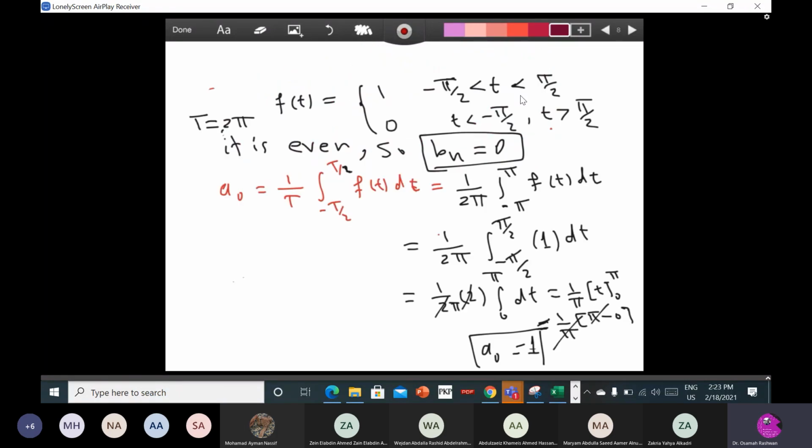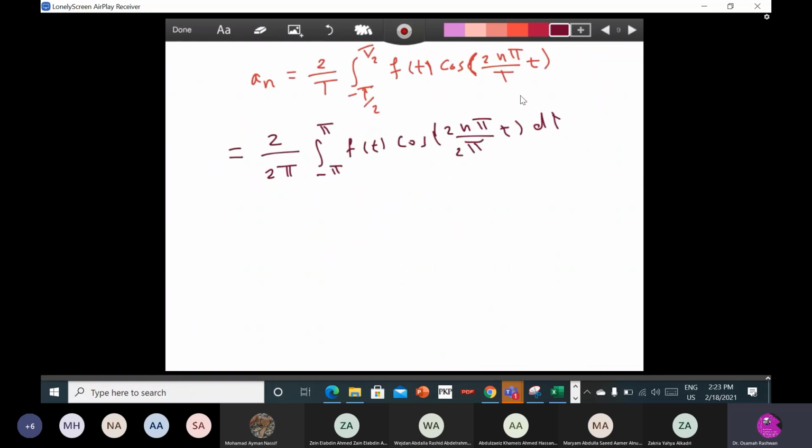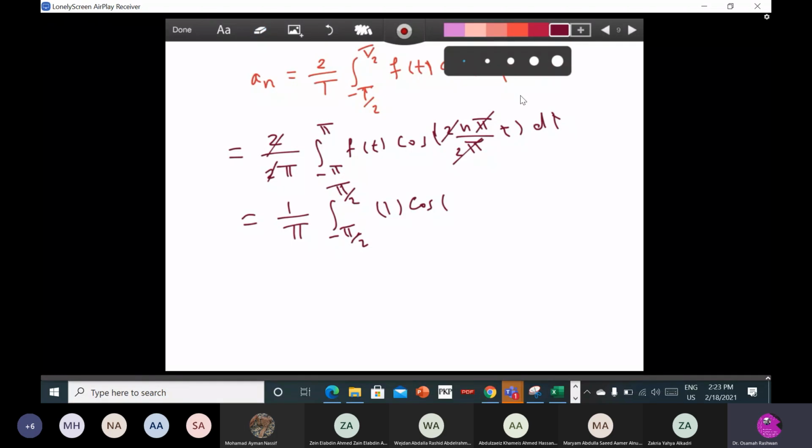The integration is only defined from minus pi over 2 to pi over 2, so I cannot integrate outside this area. F of t will be 1, cosine. This 2 pi will be cancelled out with 2 pi. So I am left with n t dt.